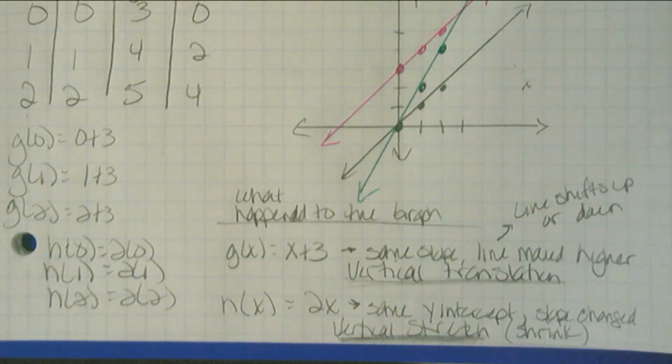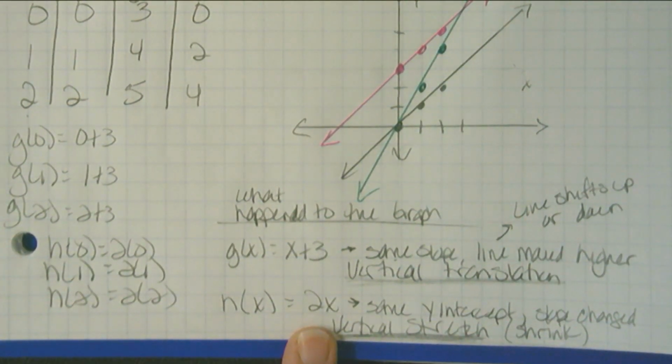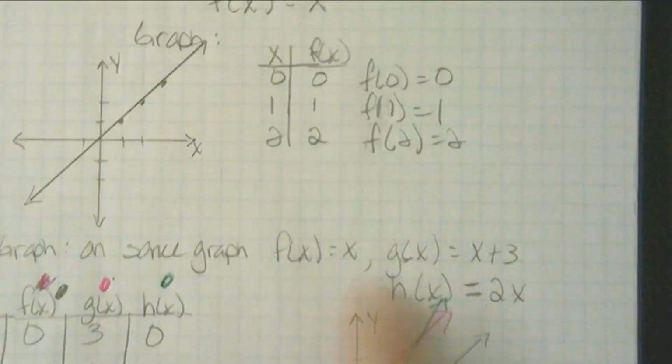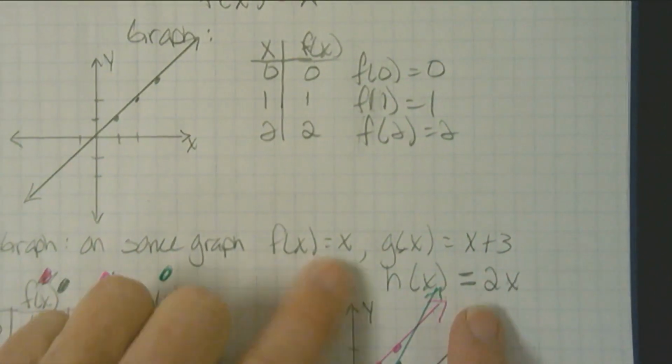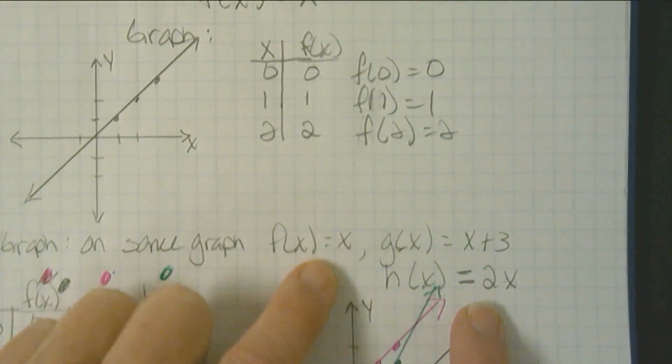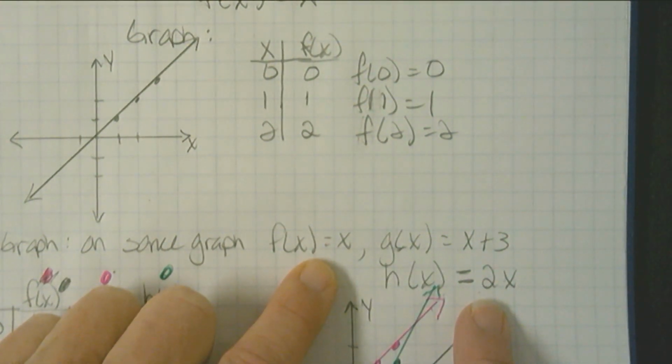What do you notice about my slope of h of x in comparison to my parent slope? What's the difference between these two? What's my slope here? What's my slope here? Come on, this is an easy question.